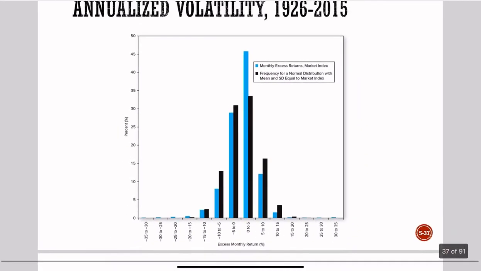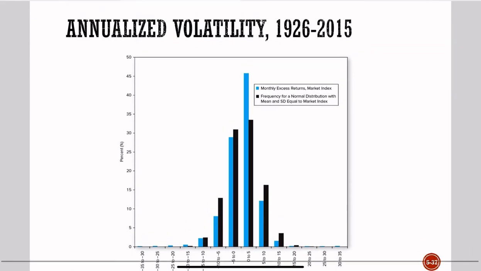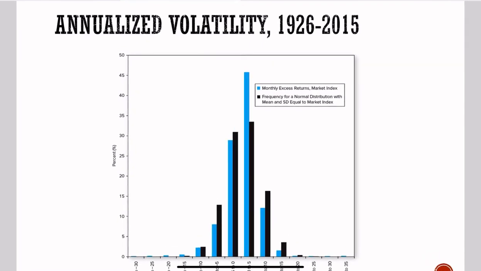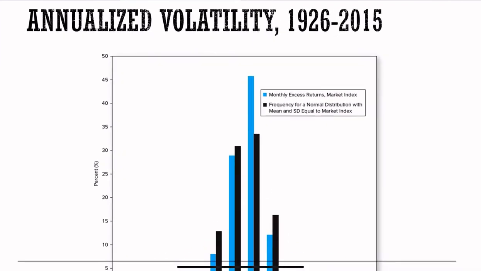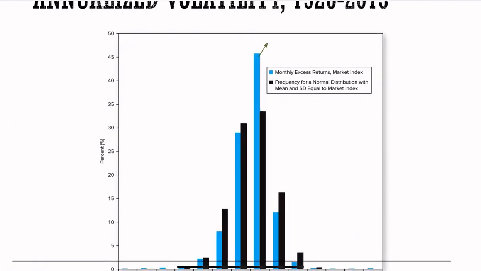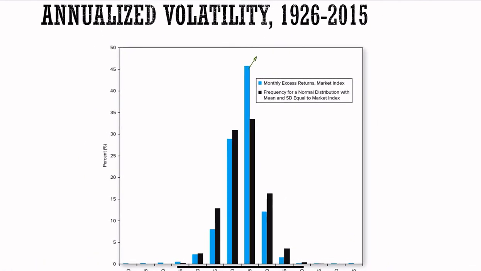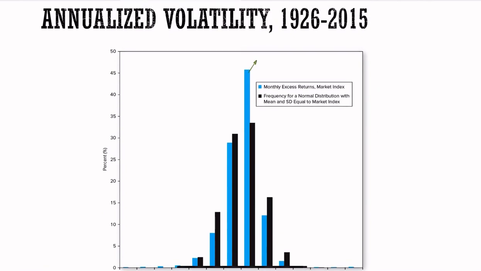Okay. Next, in this picture, we compare annualized volatility between the actual returns and a normal distribution. These blue bars are the distribution of annualized volatility for monthly excess returns.